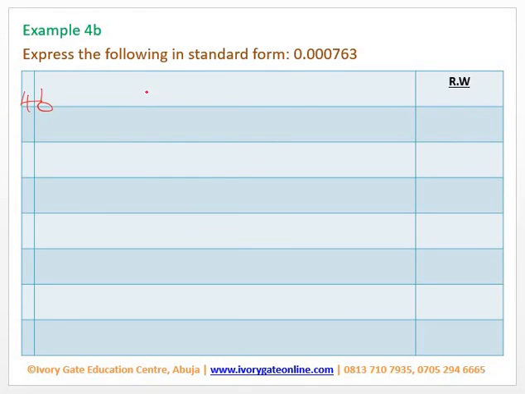Okay. So we take another example. 4b. We have 0.000763. Then the first thing is to get a, which is a number between 1 and 10. So you will ignore the whole of this 0 and get 7.63 times 10 raised to power.